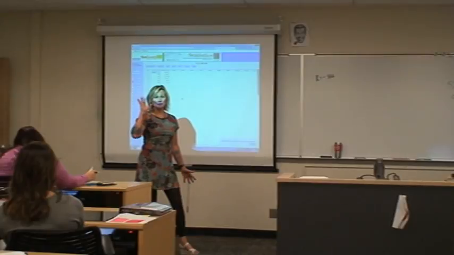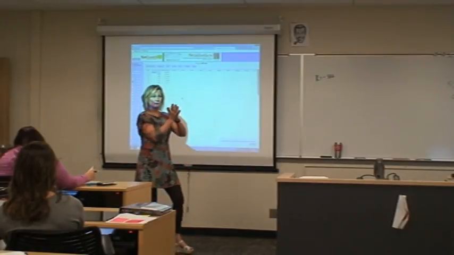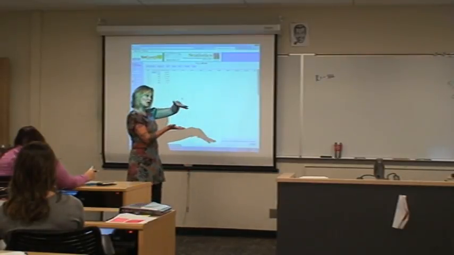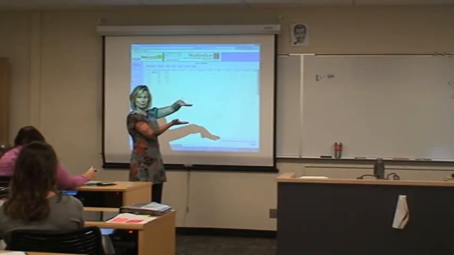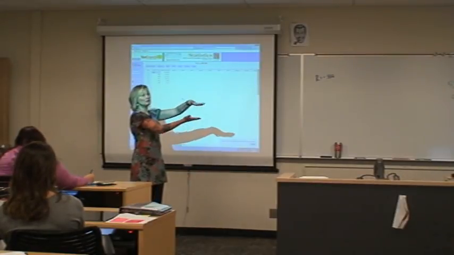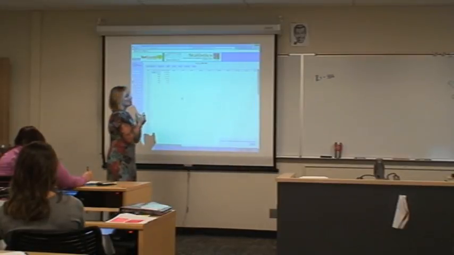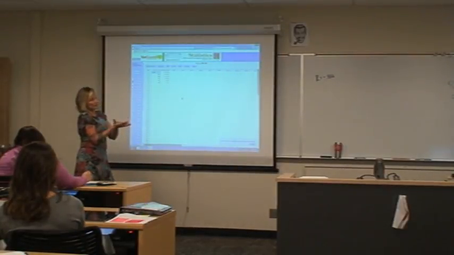Residuals are okay, and we expect them to occur. Remember, the farther away the points are from the regression line, the bigger your overall sum of squared residuals is going to be. The closer they are to that line, the smaller that sum is going to be.